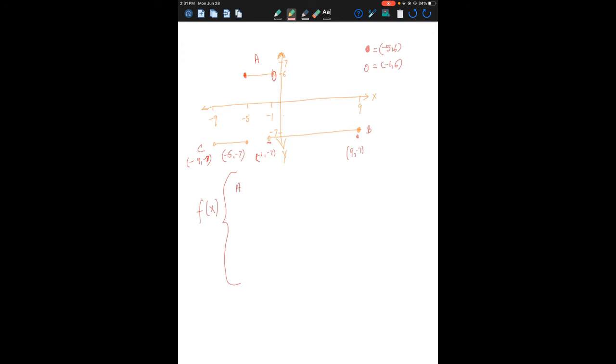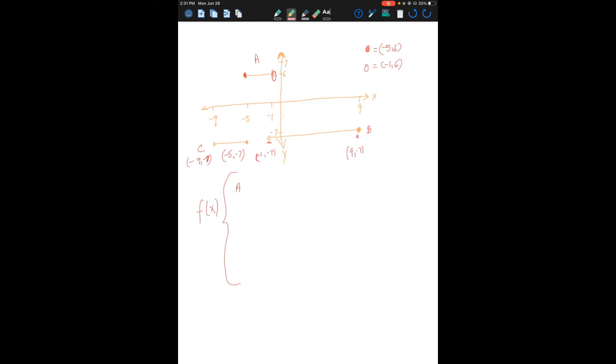Now we can use these coordinates to write our function from the graph. So let's do function A first. What is included?